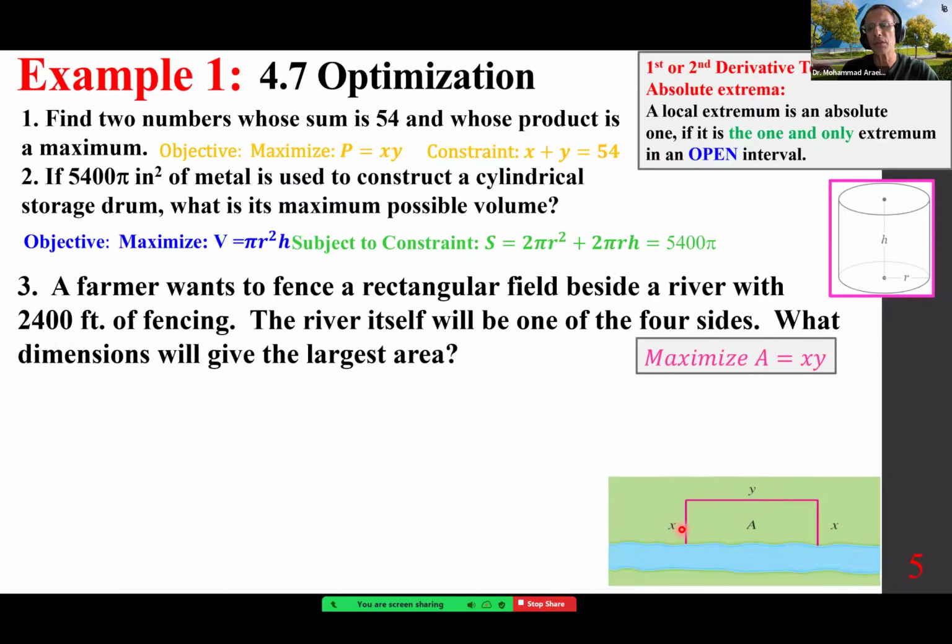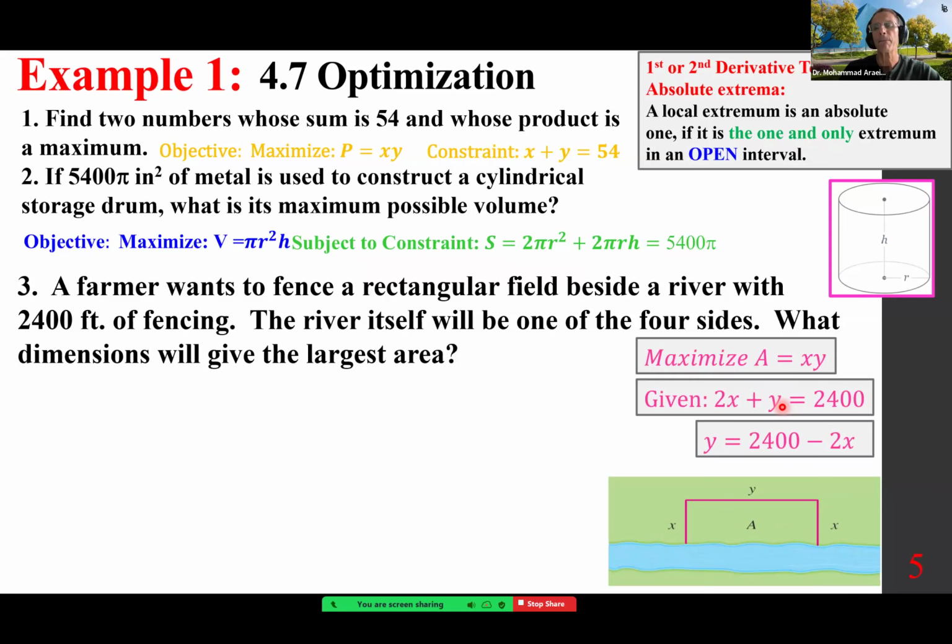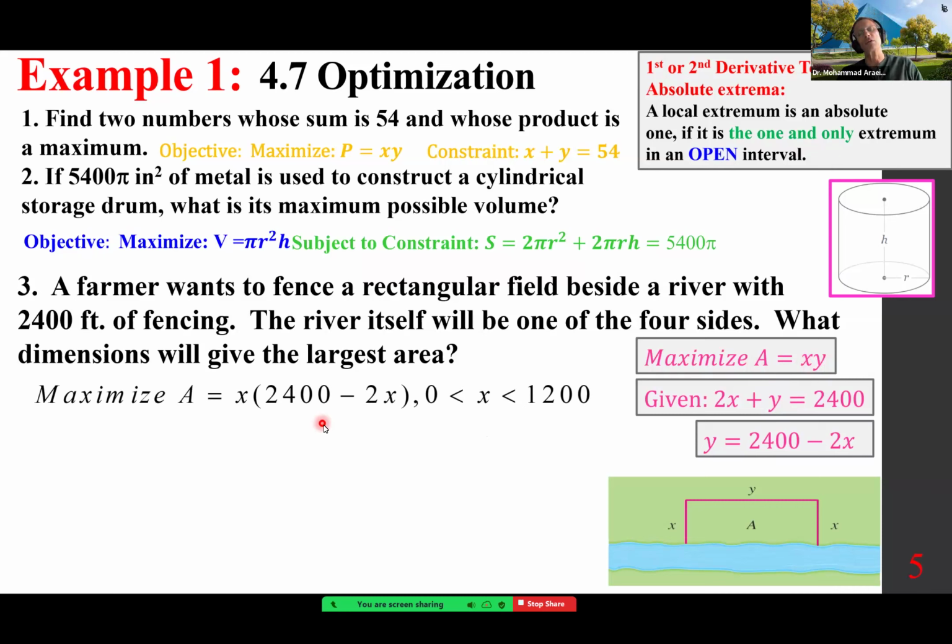Normally the perimeter is x and x, y and y, but this side doesn't need fencing, so simply 2x plus y instead of 2x plus 2y equals 2400. Now, as you notice, A is a function of two variables, x and y. We want to make it a function of one variable, so we solve for y and put it into A equals xy, the area. And we get x times (2400 minus 2x).